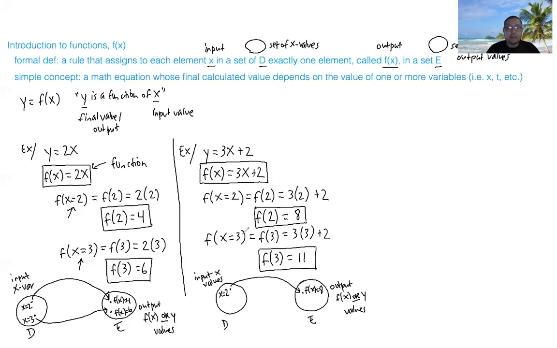And let's just say for the function evaluated at x is equal to 3, this point corresponds to x being equal to 3. And this is going to map onto a different point. Let's say it's here arbitrarily. And this point is going to represent where the function is ultimately equal to 11. So this is what that formal definition is trying to say.